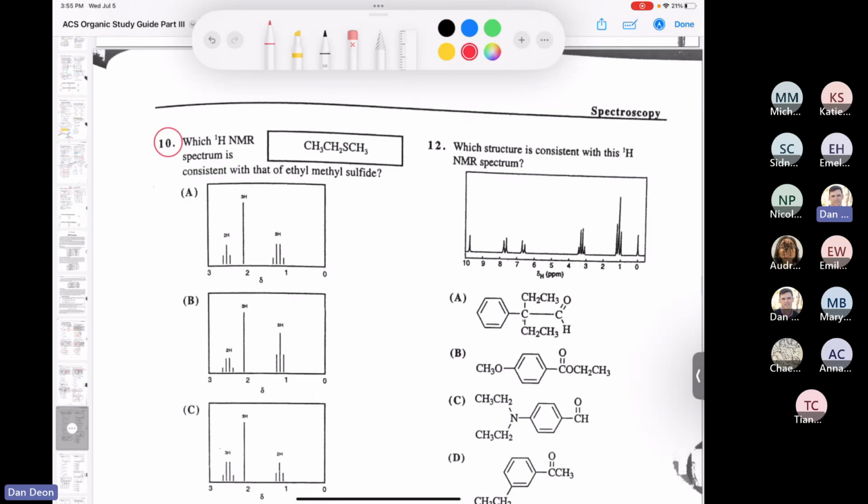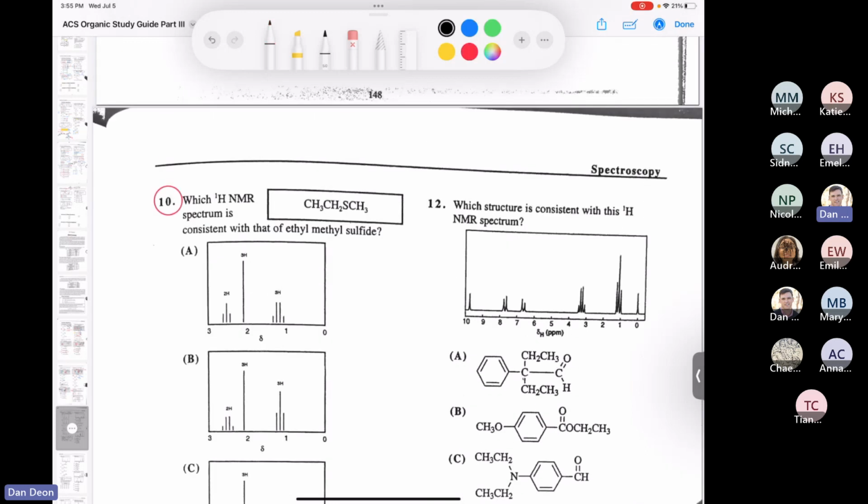So first, let's talk about the multiplicity of everything in here. If we go CH3, then CH2, then sulfur, then CH3 like this. The methyl group that's in black, what would the multiplicity be? Will that be a singlet, doublet, triplet, quartet? It's going to be a triplet, right?